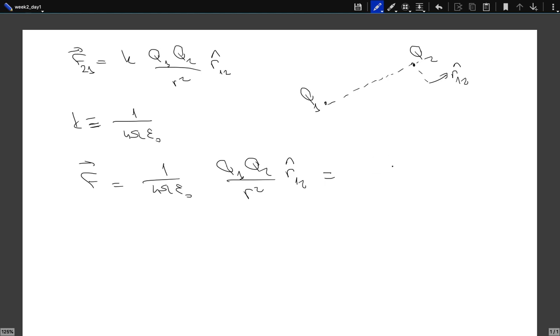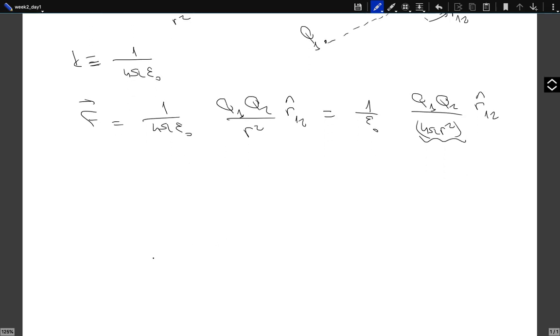And I just want to mention that this is equal to 1 over epsilon 0 Q1, Q2 over 4 pi R squared. Just pay attention to that factor. We will come to that factor later on. If you notice, that is just the surface area of a sphere of radius r in 3 dimensions.